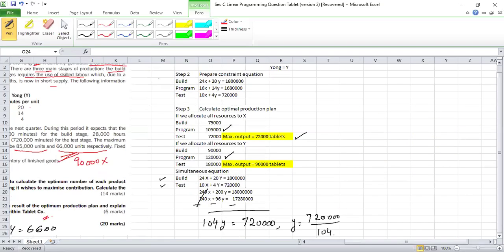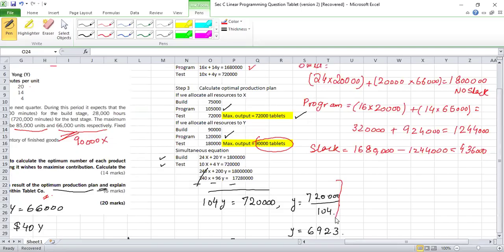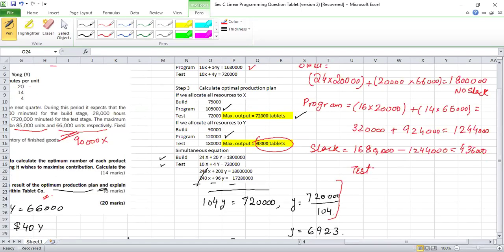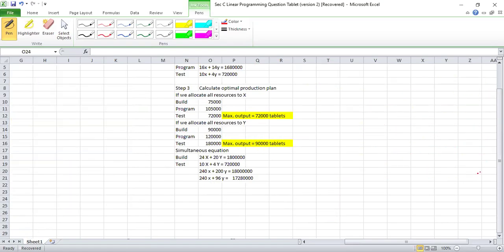Third one is test. So now we will look at the test. Test is equal to 10x, which means 10 multiplied by 20,000 plus 4 into 66,000.